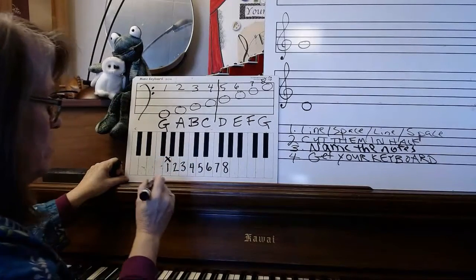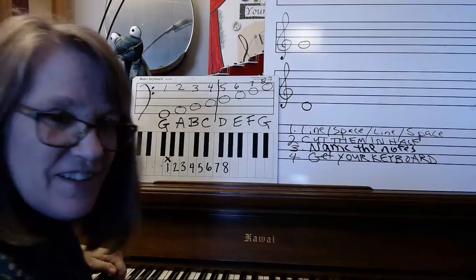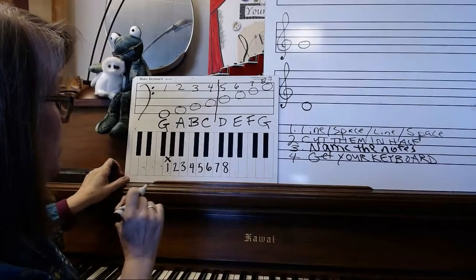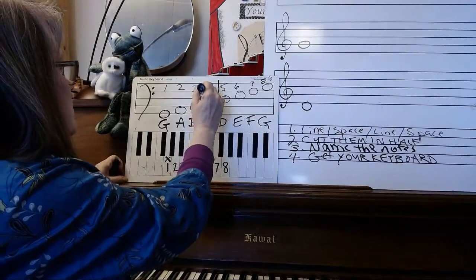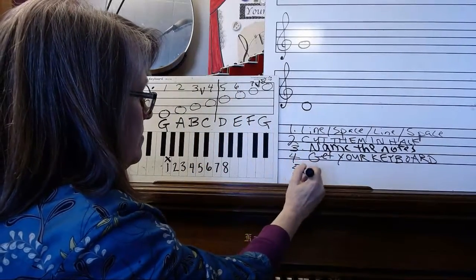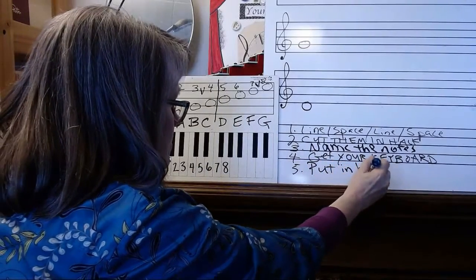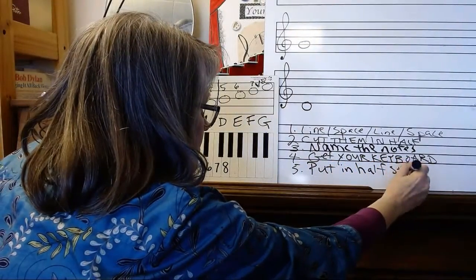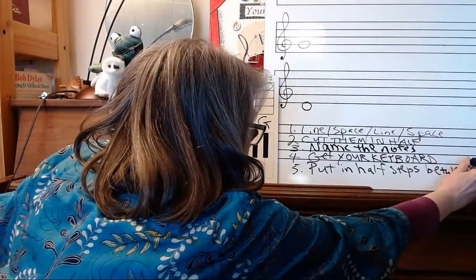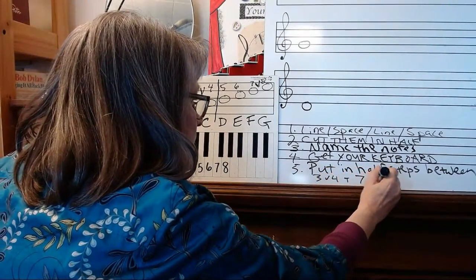On this keyboard, I'm putting it here because it's smaller than the real one. And then we're going to put in the half steps between 3 and 4 and 7 and 8.